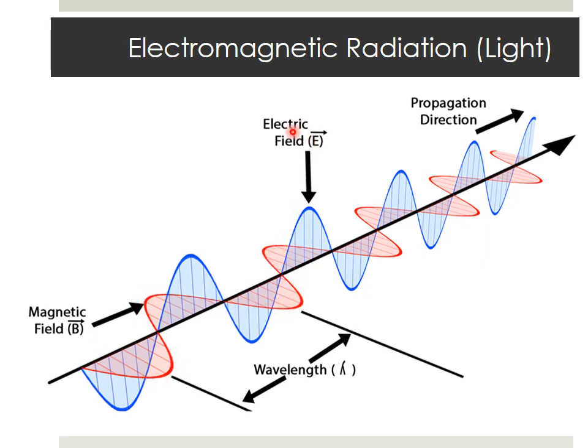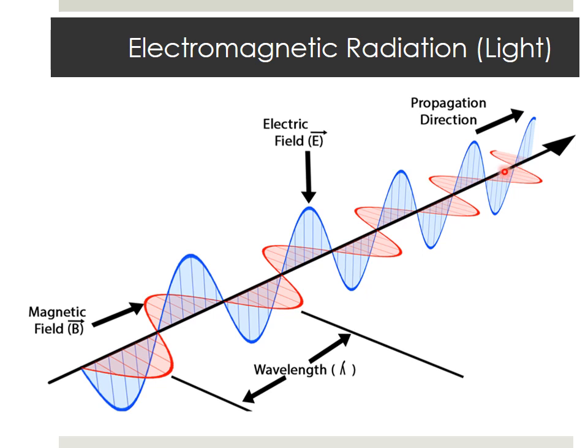These electric and magnetic fields are perpendicular to each other, as you can see in this picture. They are not only perpendicular to each other, but also perpendicular to the direction of propagation. By direction of propagation, I mean the direction in which light travels.